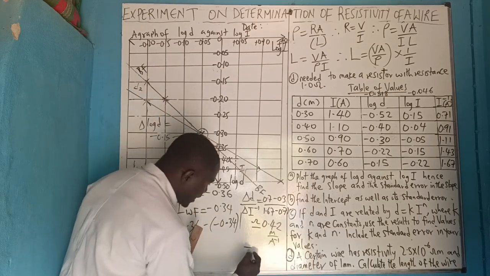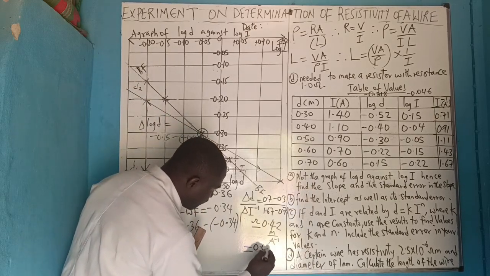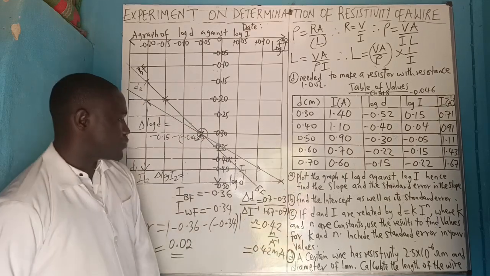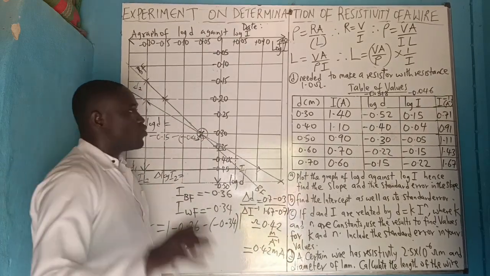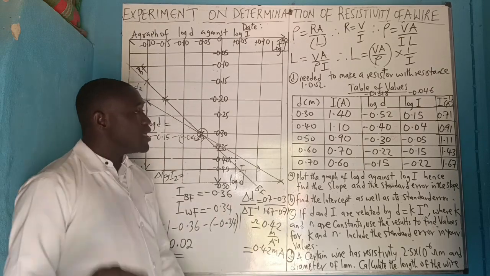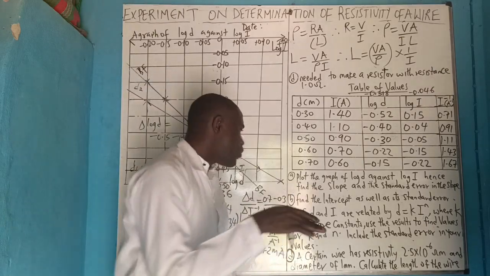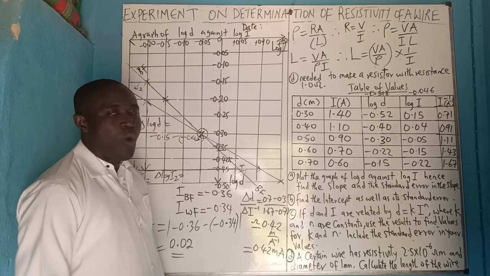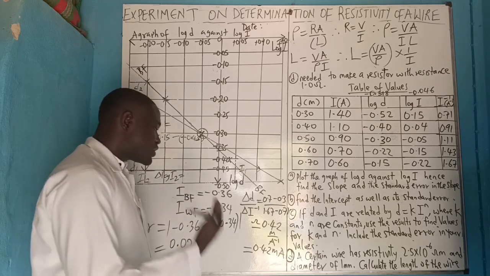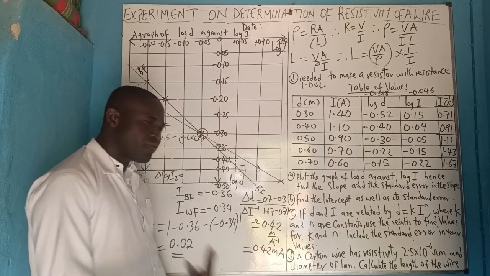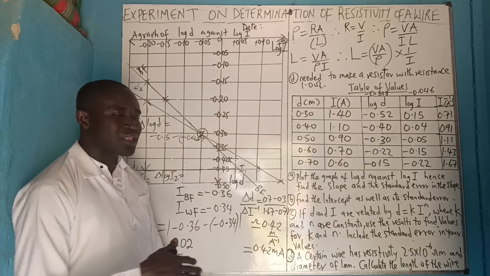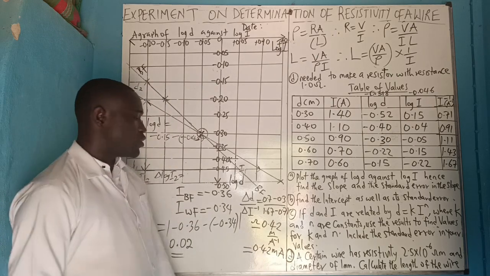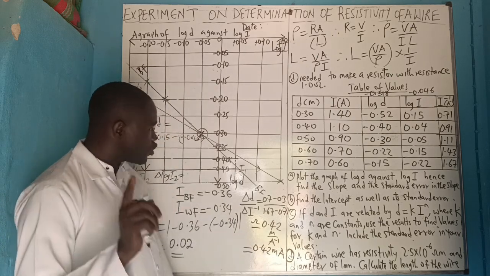Now that means that the unit will be 0.42 meter what? Ampere. Meter ampere. We have noted this. That means if you plot your graph, your slope will be around 0.39, 0.40, 0.41, 0.42, 0.43. It will be around that range. Meter ampere. Remember the slope and the units, it matters so much.